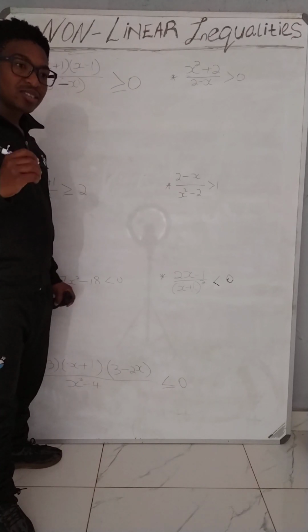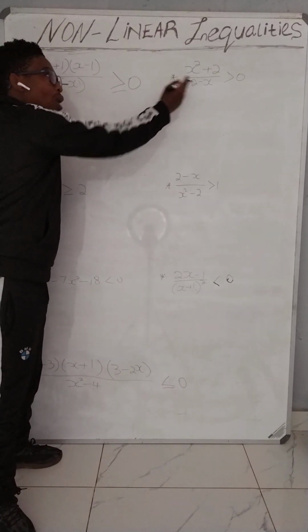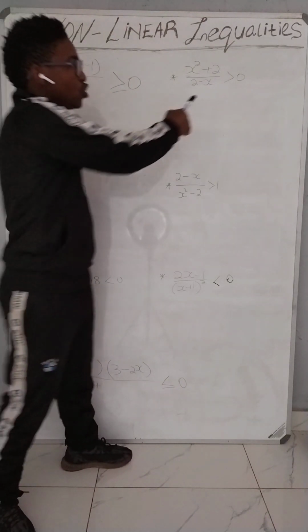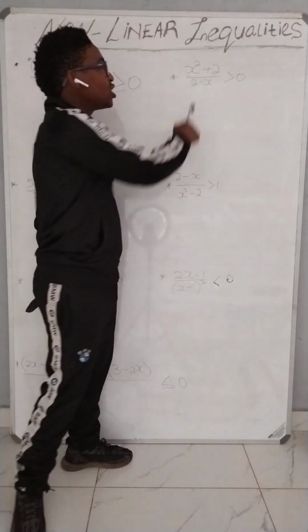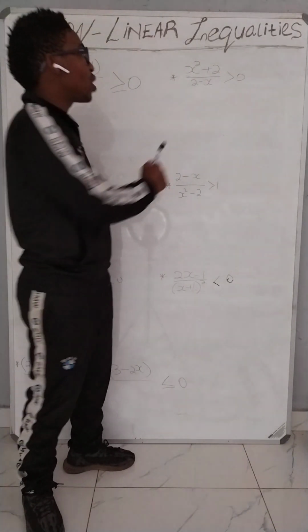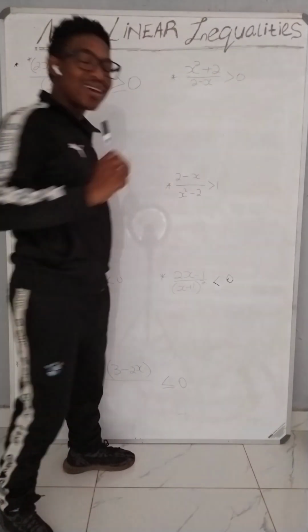The reason for that is if you multiply an inequality with a negative variable, then your sign must change. If you multiply this by -1 and the other side by -1, your sign must change from a greater than to a less than.